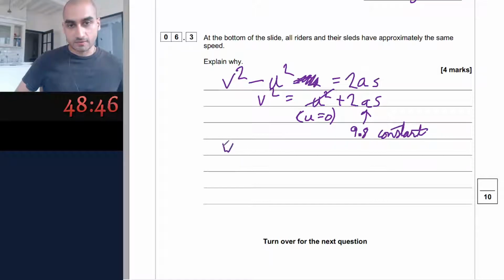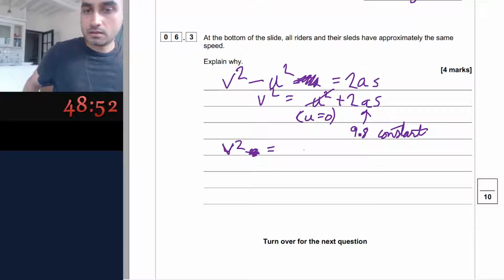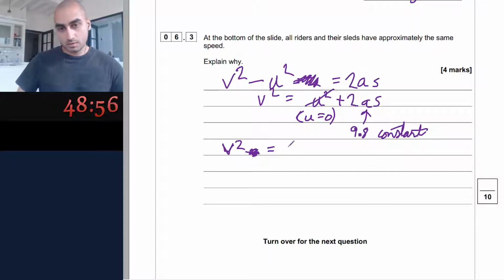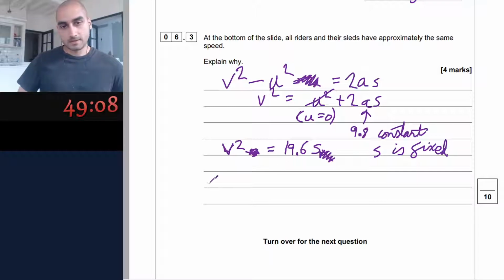So v squared equals 2 times 9.8 times s. S is fixed. Therefore, V.